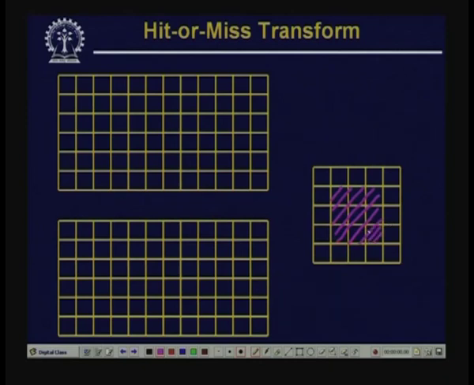And the image that we have is something like this. Here I have an object region which is 4 pixel by 3 pixel, and here I have another object region which is 3 pixel by 3 pixel.